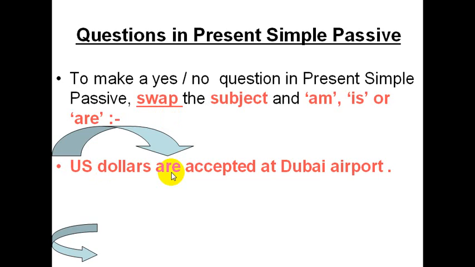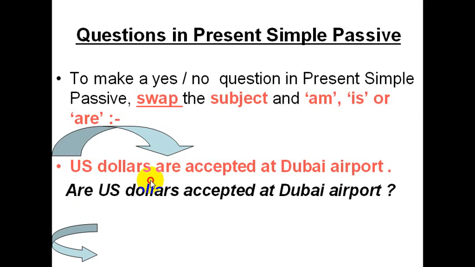So what I should do is move are to the beginning of the sentence, followed by US dollars. So it becomes are US dollars. Are US dollars accepted at Dubai airport?